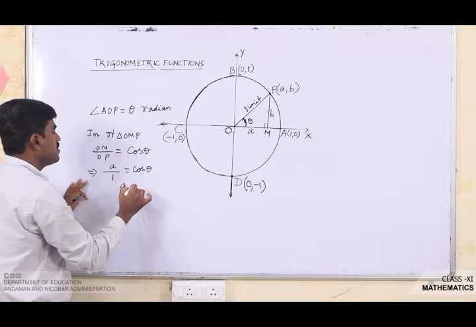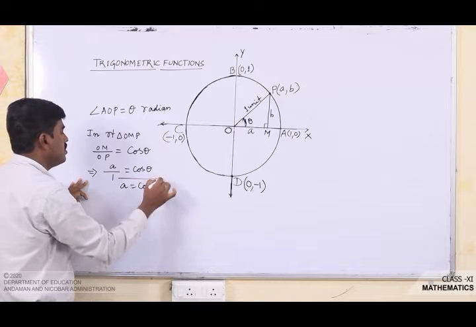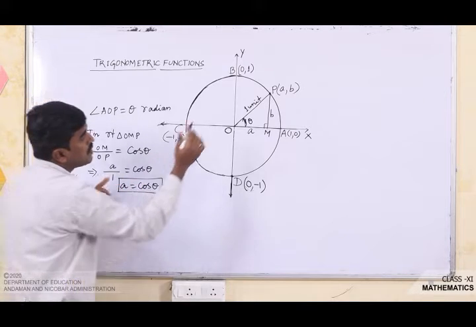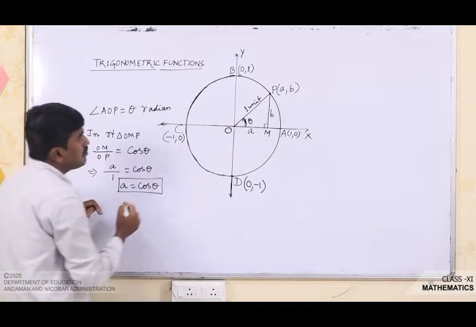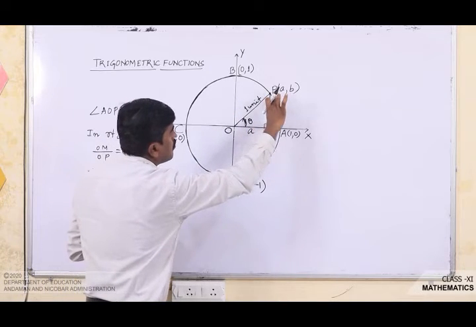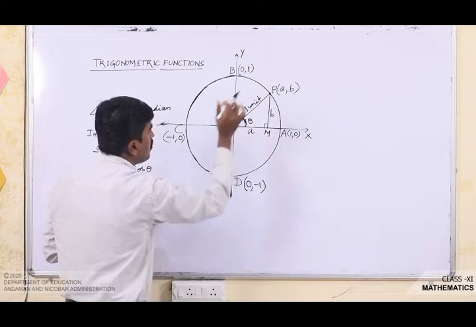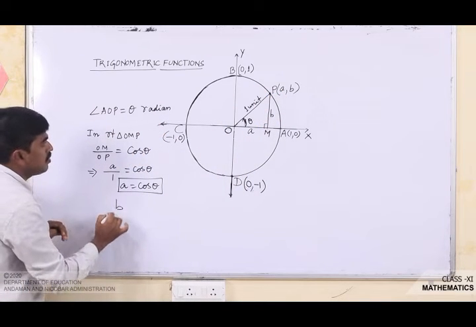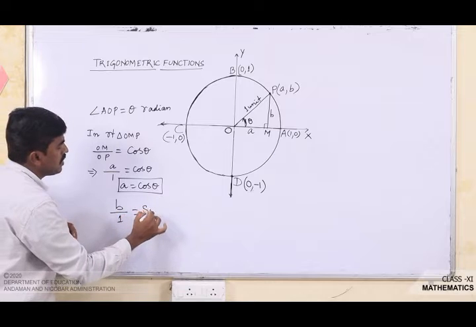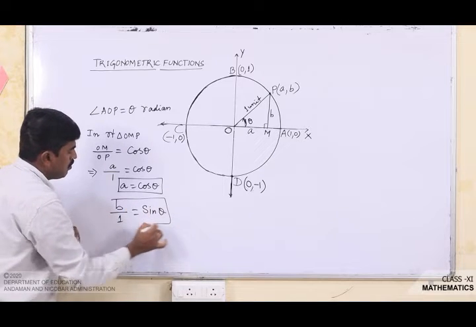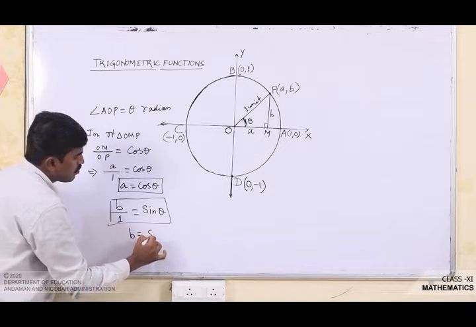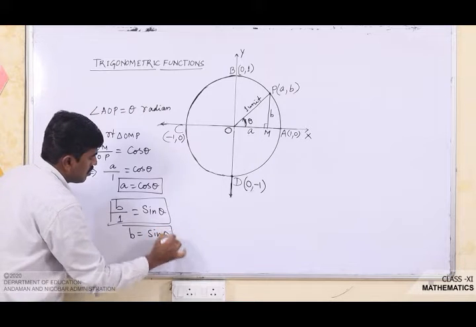So a is equal to cos theta. And similarly in right triangle OMP, PM is the perpendicular, so perpendicular upon hypotenuse, PM upon OP, that is b upon 1, is equal to sin theta. So b is equal to sin theta.